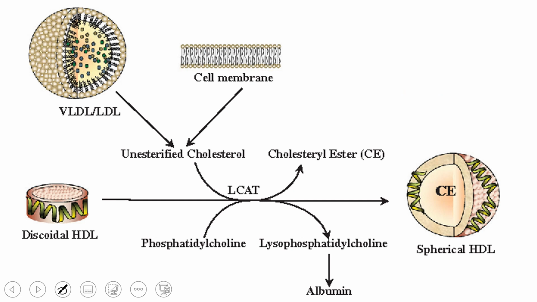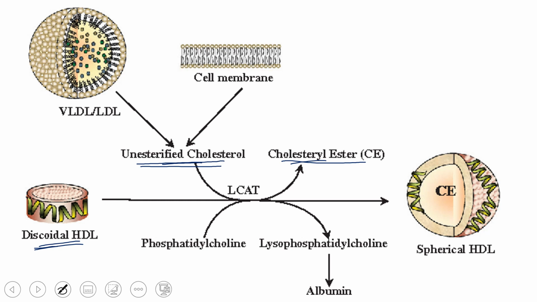As you can see, this is the nascent HDL, which is just formed from the liver. They don't have cholesterol. This discoidal HDL, which is immature HDL, takes unesterified cholesterol. This unesterified cholesterol is going to be esterified into cholesterol ester by LCAT.